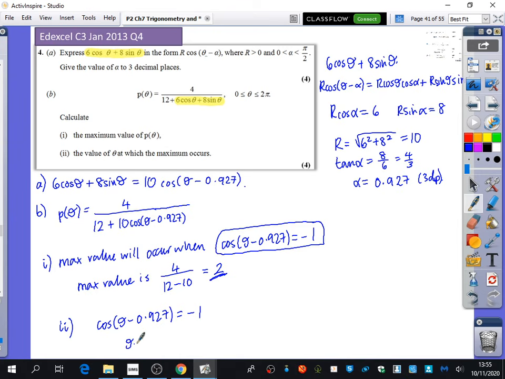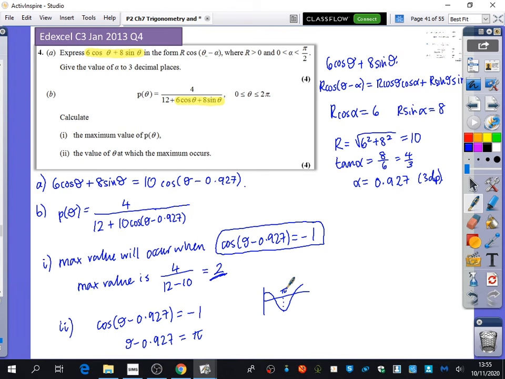So I can say that theta minus 0.927 is equal to the inverse cos of minus 1. Now, you can either do the inverse cos of minus 1 on your calculators, or you could just think sensibly by knowing your graph. What is the answer of that going to be? Pi. Because if you think of the cos graph, it's at its minimum at minus 1 when it's pi.